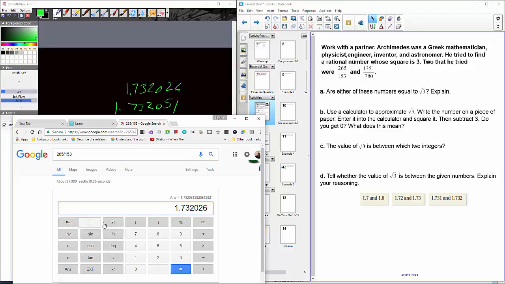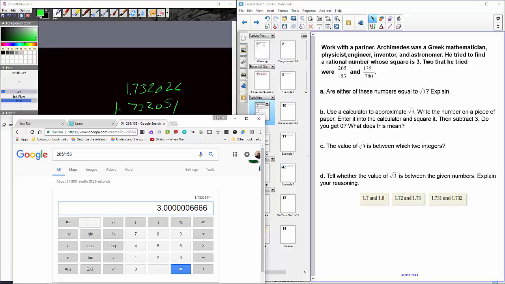And if I look at that, that answer doesn't get me to 3, does it? It's very close, but it's not quite 3. So let's try this other one, 1.732051. Let's do the same thing and square it. And that one's a little bit too much.